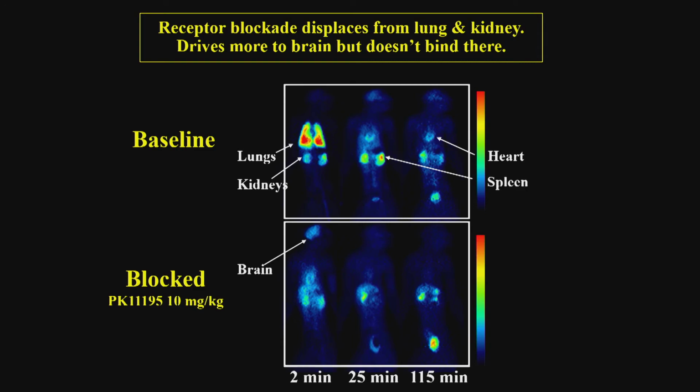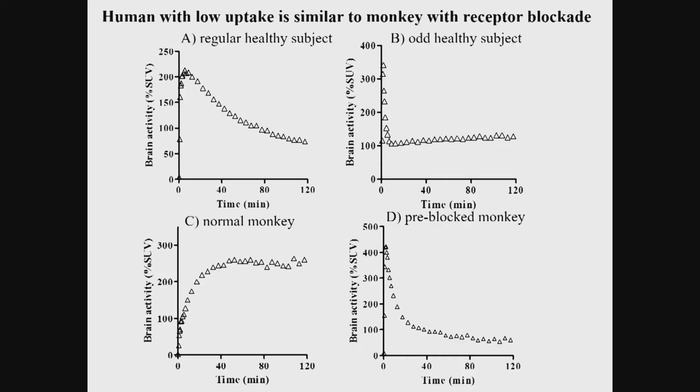Okay, I'd like to take a little digression here. First is, here's an example of a regular, healthy human subject, and this is the brain time activity curve. And this is a normal monkey.